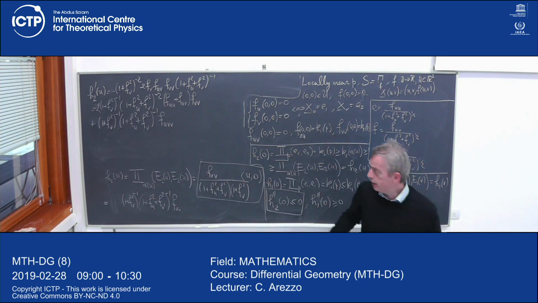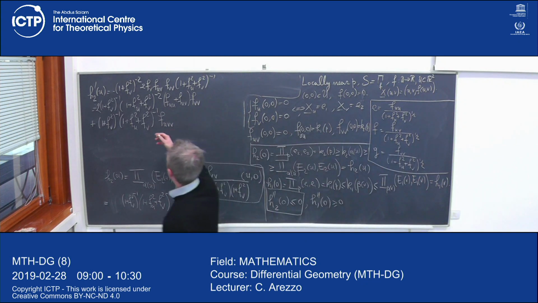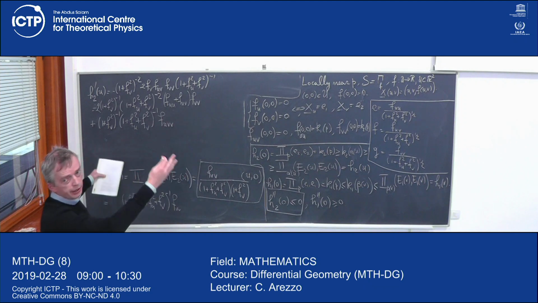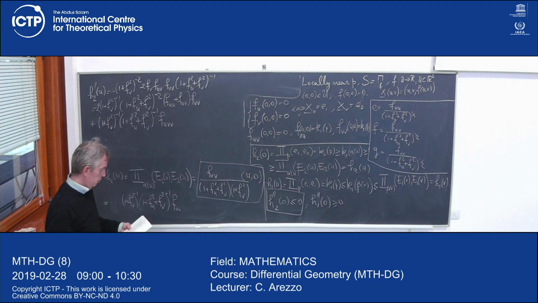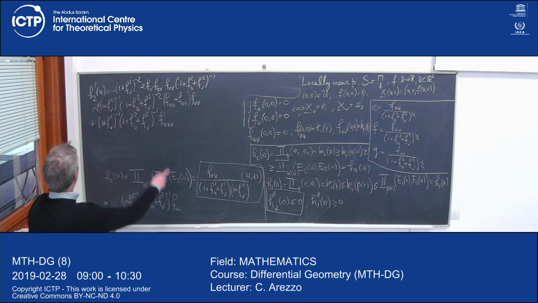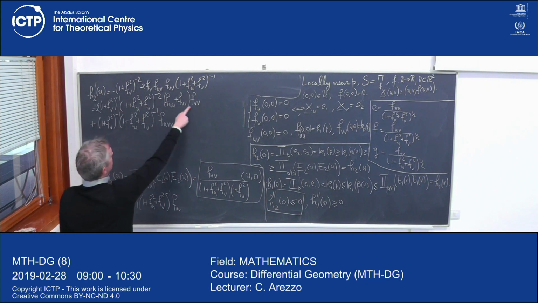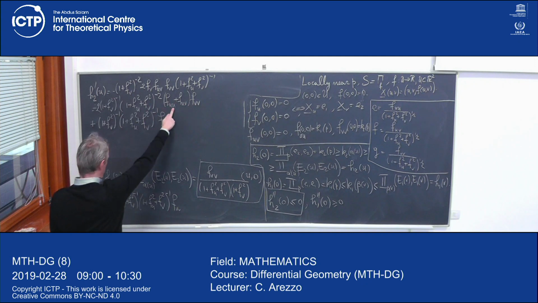All this eventually computed at the point u0. Second term is... this one here is a mistake. Yeah, third term. This one, 2fu times fuu plus 2fv times fv.